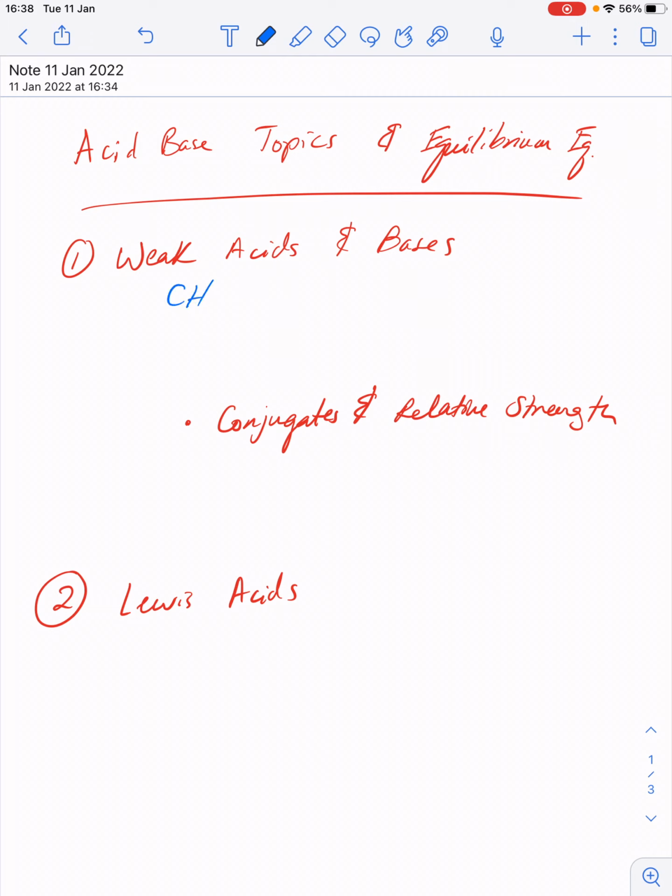This is probably the easiest of these topics. Like a weak acid, like ethanoic acid, you can show it with or without water, and when you show that it's a weak acid, you show it dissociating. And so in this instance, the equilibrium equation is meant to indicate that it only has partially dissociated, and the equilibrium heavily favors the reactants compared to the products.